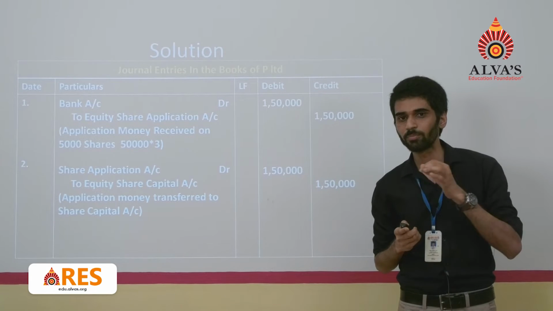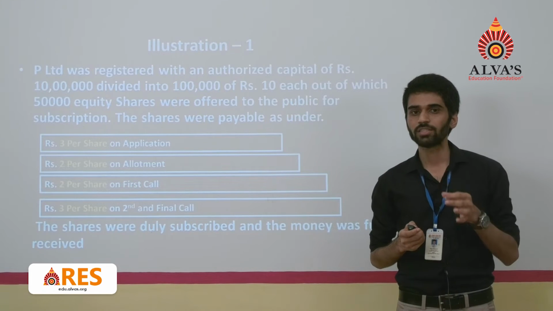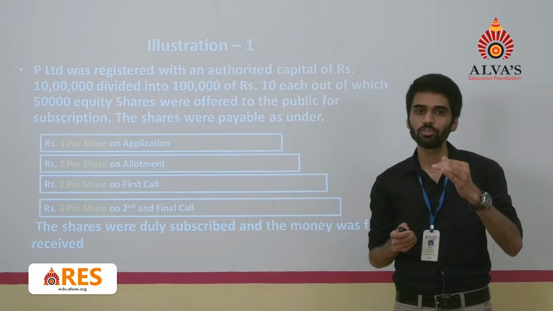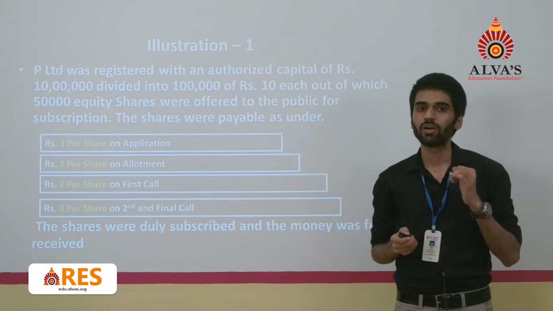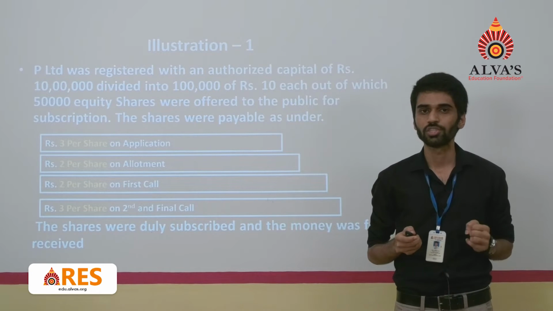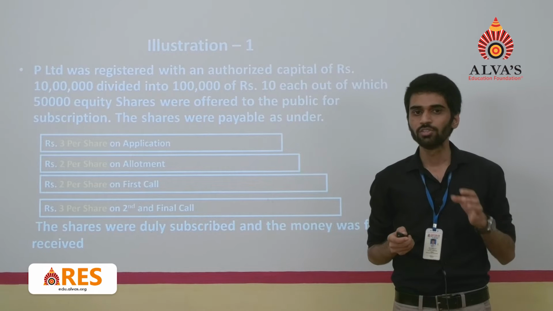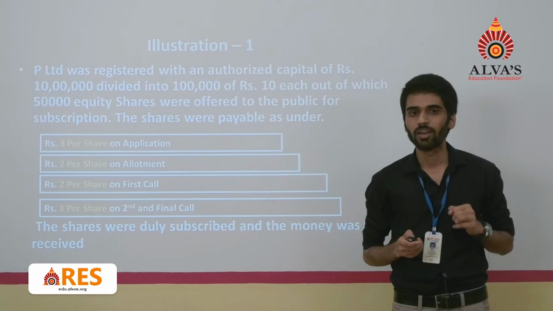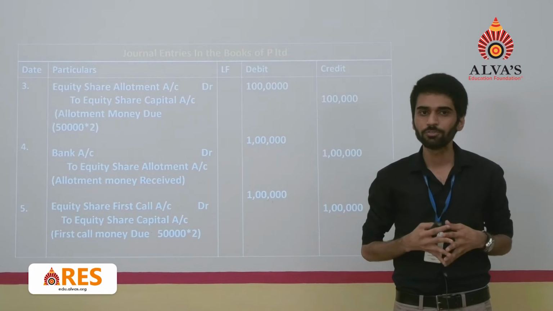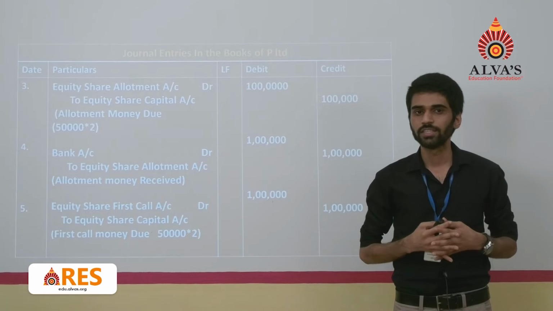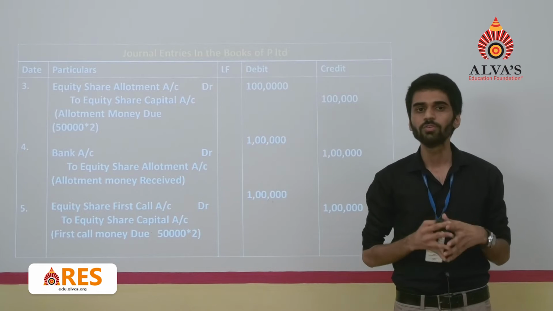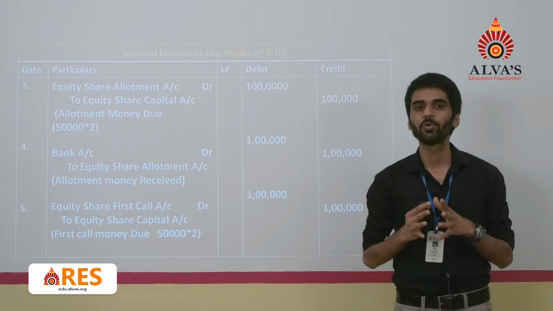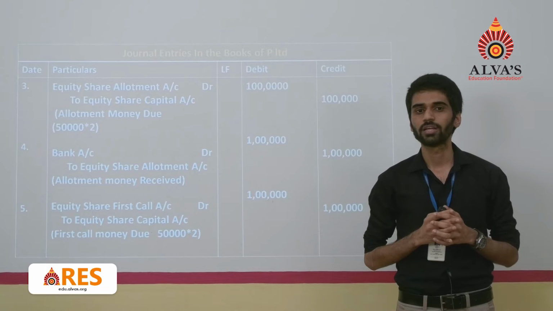Now, let us go to the allotment stage. What is the amount of money you are going to take on allotment? That is 2 per share. On 50,000 shares, 2 per share is collected on allotment. Let us pass the entry for that also. The first entry for allotment money due will be equity share allotment account debtor to equity share capital account.